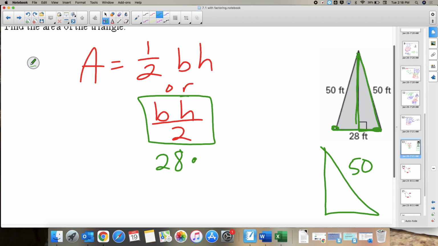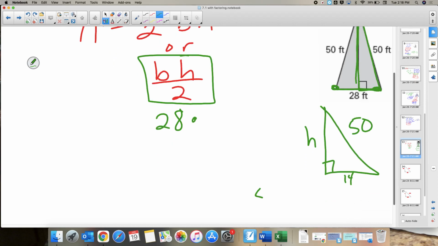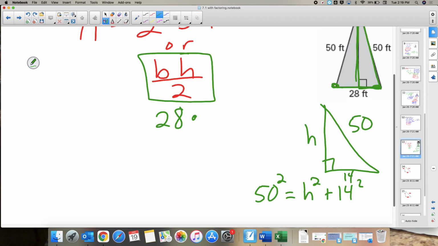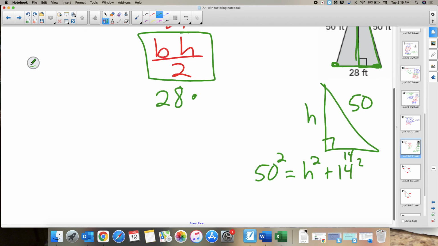So the hypotenuse here is 50. My bottom side is now 14. The height is what we need. So we have 50 squared equals h squared plus 14 squared. 50 squared is 2,500. 14 squared is 196.